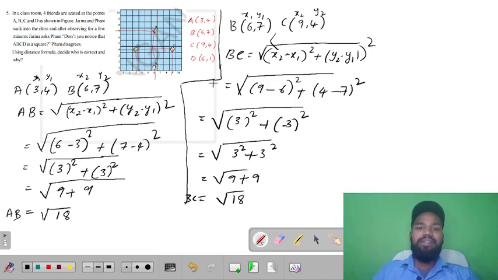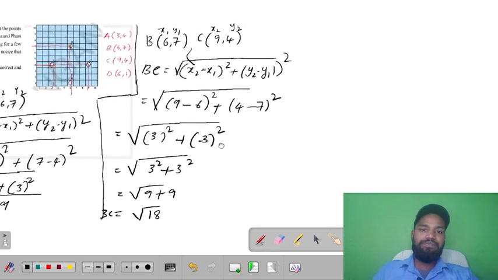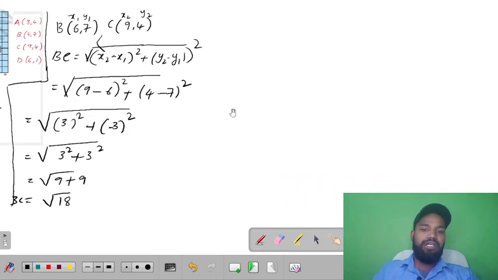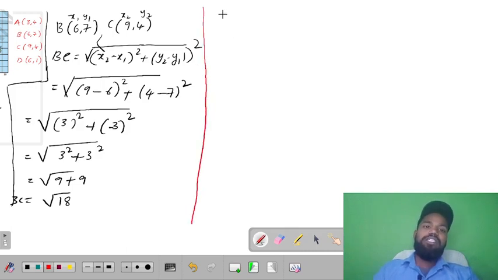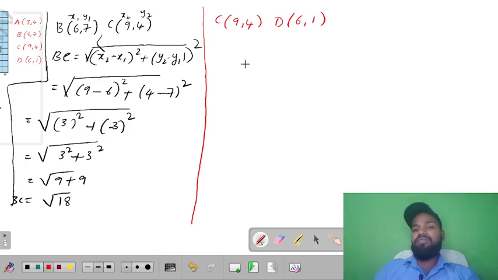Now we need to find CD, right? So we are going to find CD. What is the C value? (9, 4) and what is the D value? (6, 1).